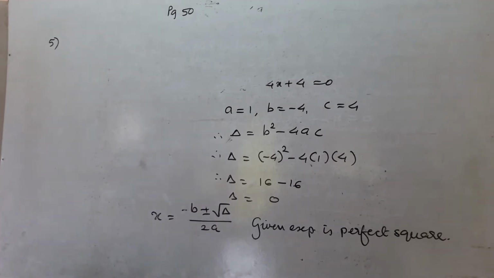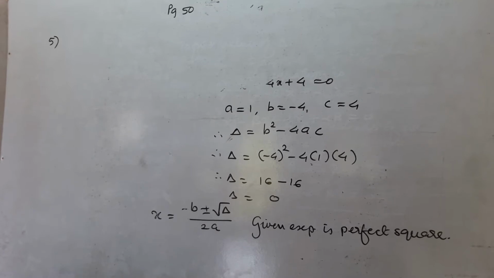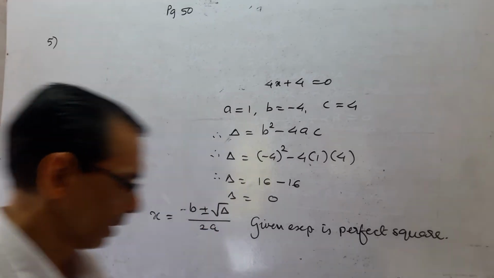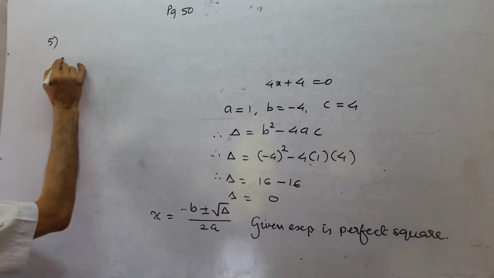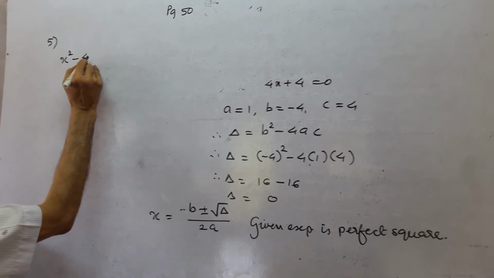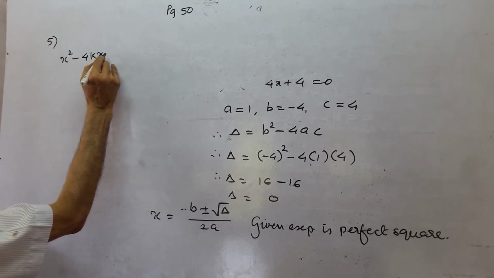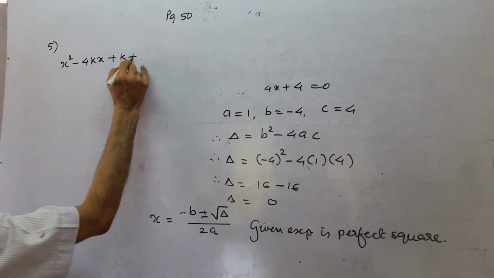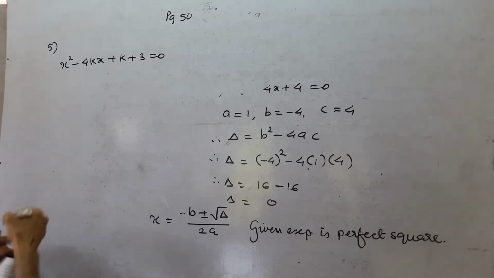Here given, find k such that the sum of the roots of the quadratic equation is double the product. Here given, the equation is x square minus 4kx plus k minus 3, k plus 3 equal to 0.